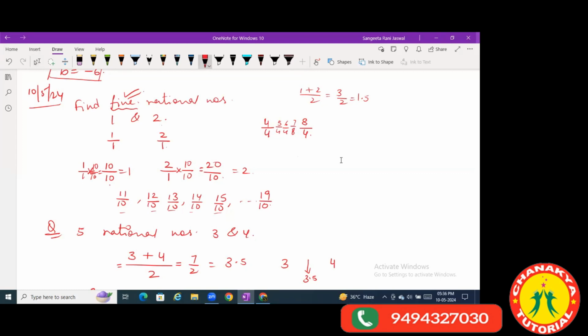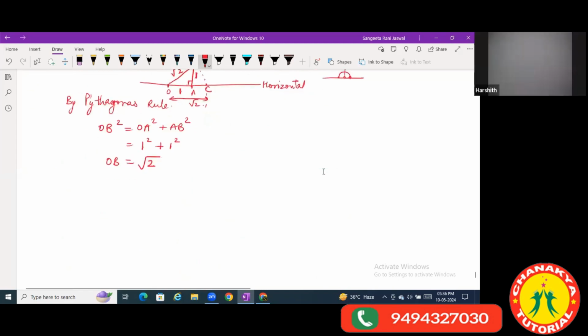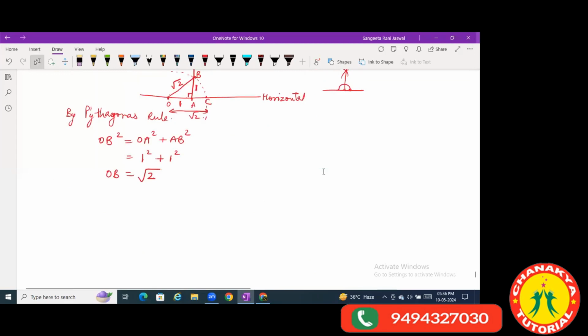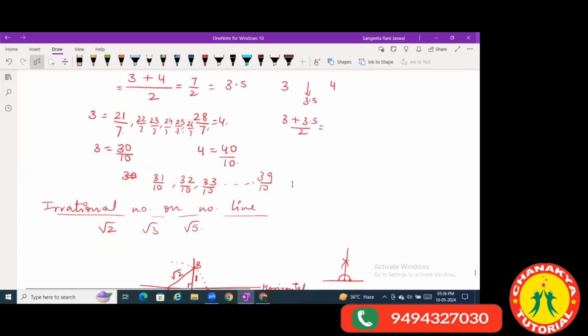You should always prefer to take numbers like 10, 100 in your denominator part. So that gives you all the rational numbers. Suppose I want to find rational numbers between 3 and 4, and I multiply with 10 as I did here. So I multiplied with 10, I got 30 by 10 and 40 by 10.